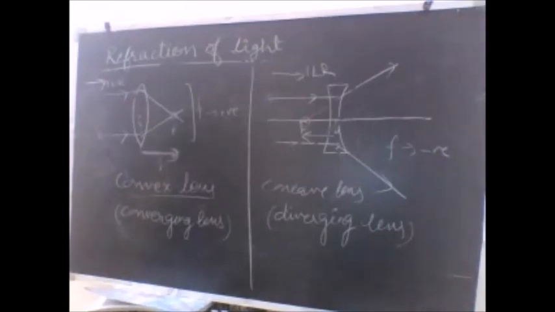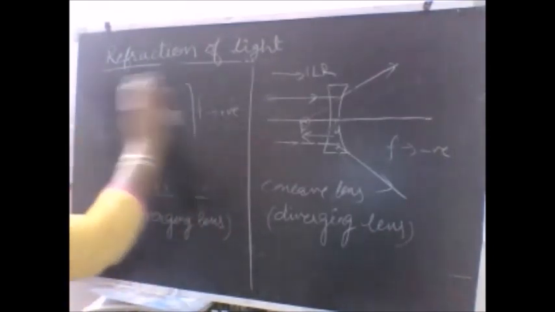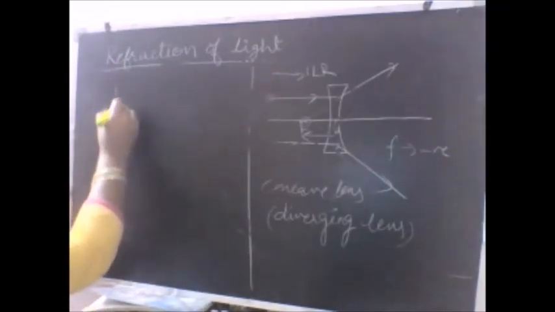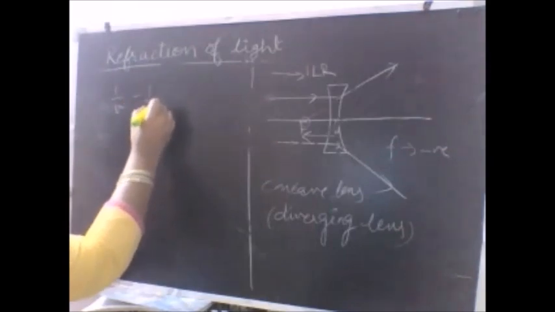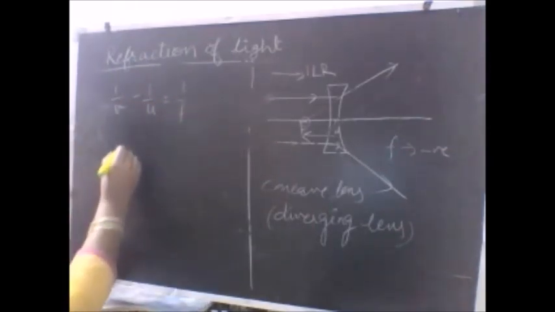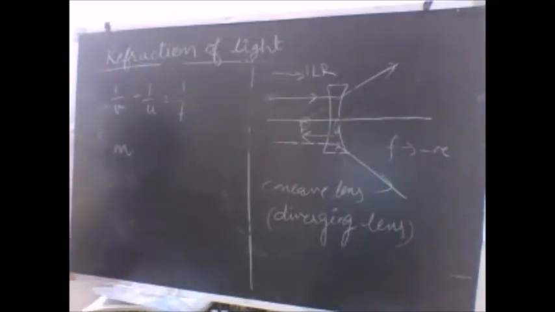Yes, there is one more formula that we need to focus on apart from the lens formula, which is 1 by V minus 1 by U is equal to 1 by F. There is one more formula that we study for the magnification, exactly like we did in the case of the mirror.